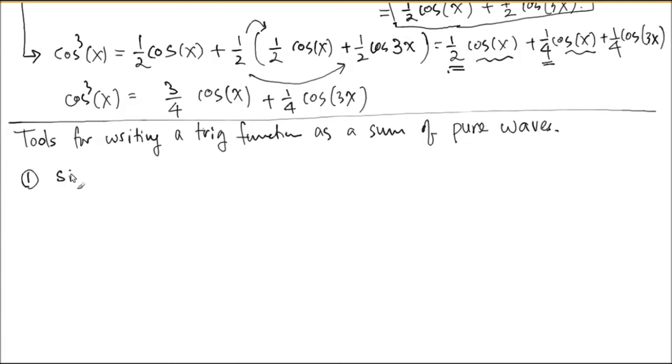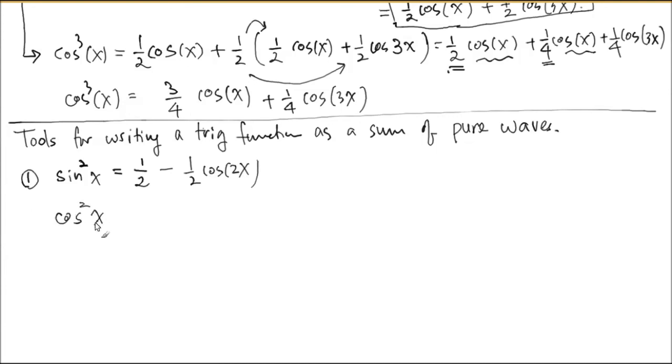Whenever you have a high power like this, use it to lower the power. What was the formula for sine squared x? Anybody remember this one? 1/2 was there, right? 1/2 minus 1/2 cosine 2x. What is the other one?